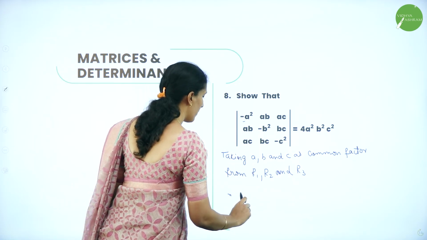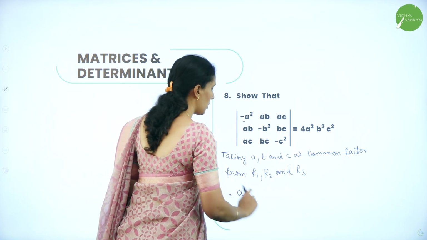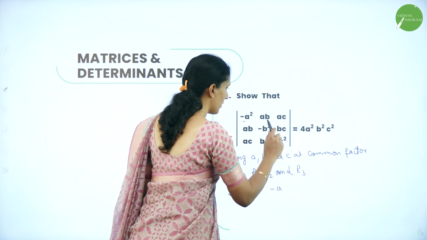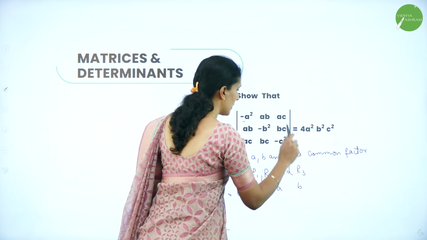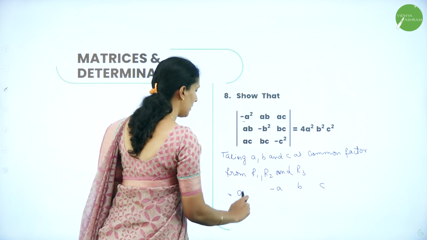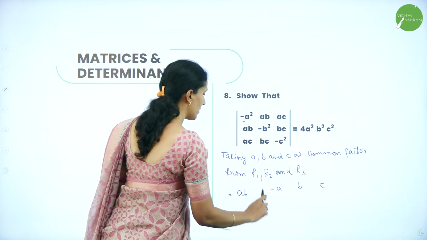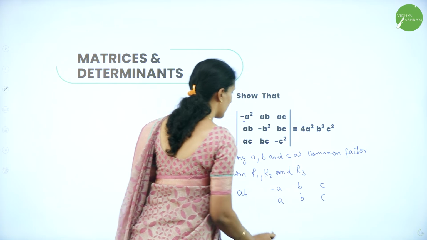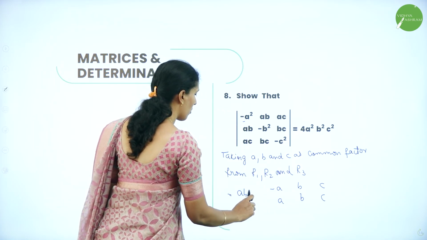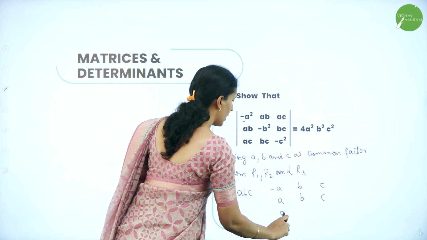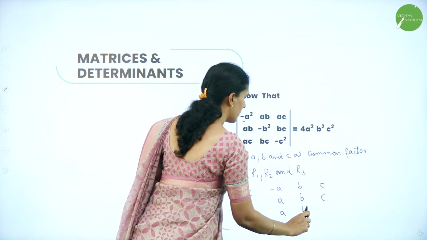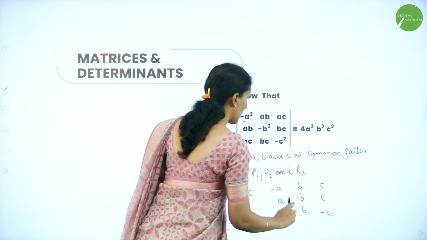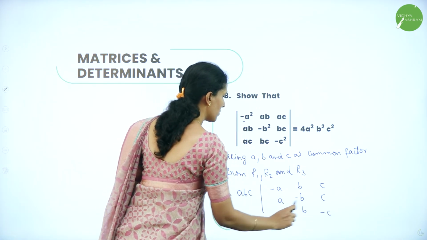Take A as a common factor from row 1, then we get minus A, B, C. Next take B as a common factor, we get A, minus B, C. Next take C as a common factor, we have A, B, minus C. So this is what we get.